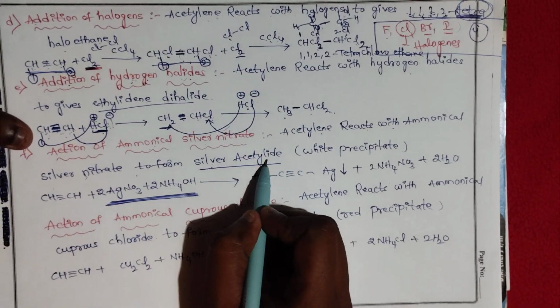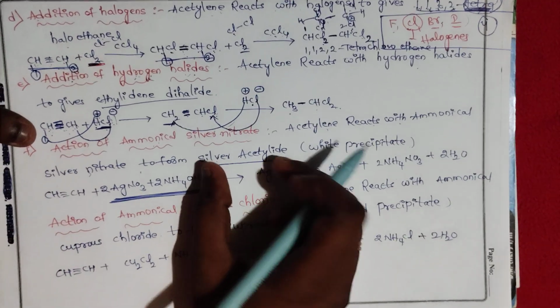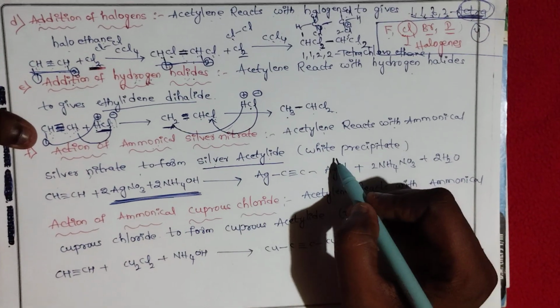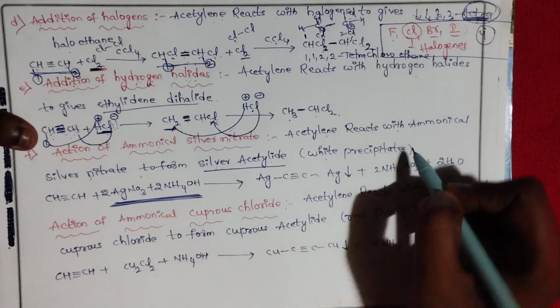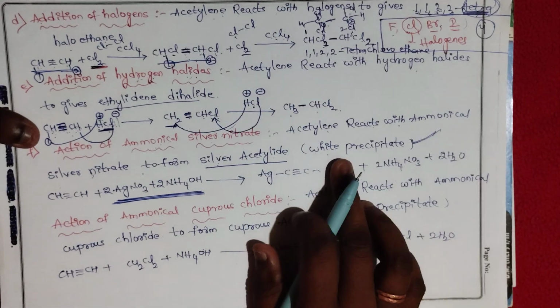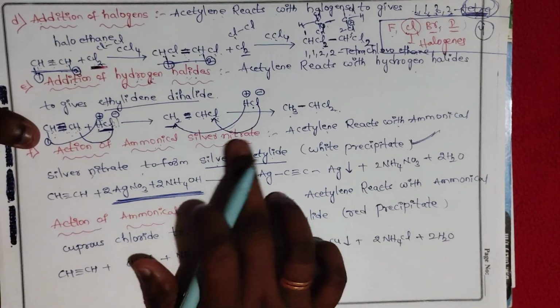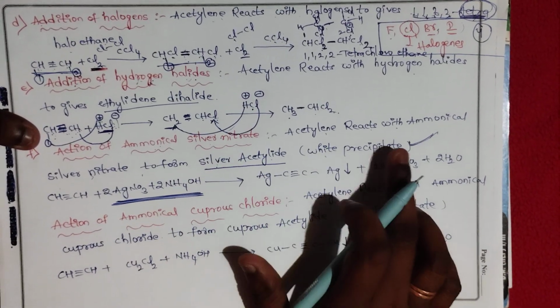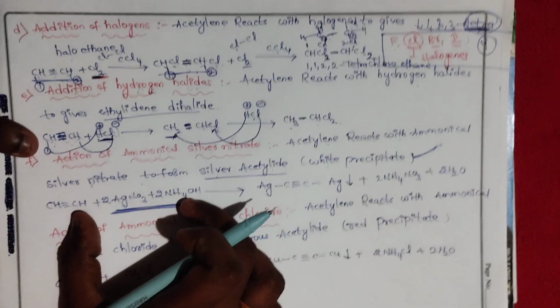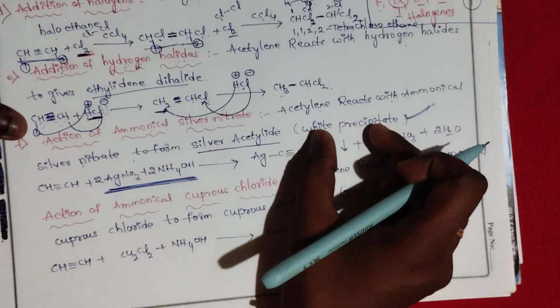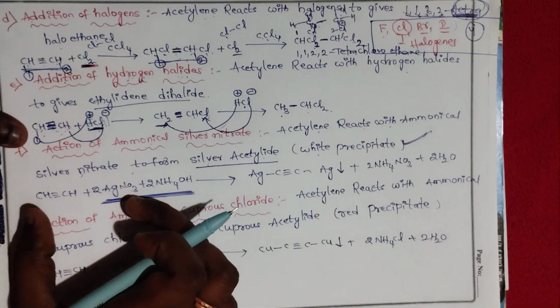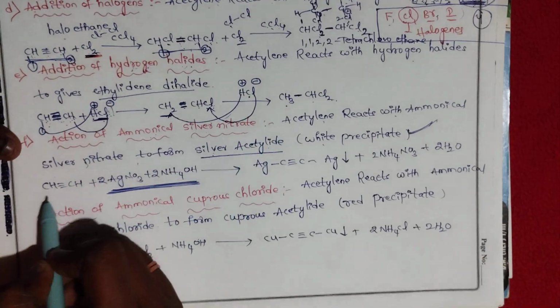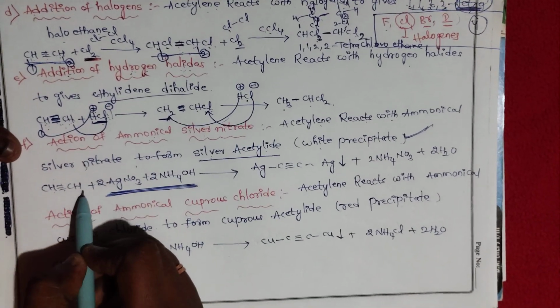Silver acetylide. The formation of silver acetylide occurs as a precipitate. What is the color of this product? White precipitate. How is this silver acetylide formed? We see the reaction. What is the formula of acetylene? CH triple bond CH.